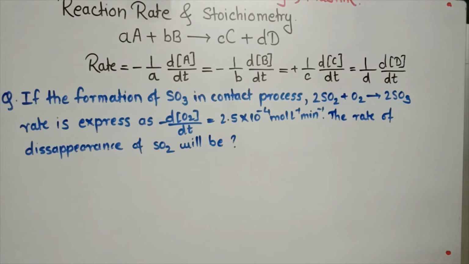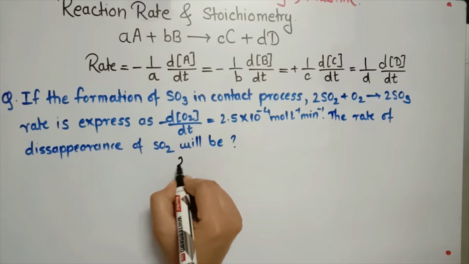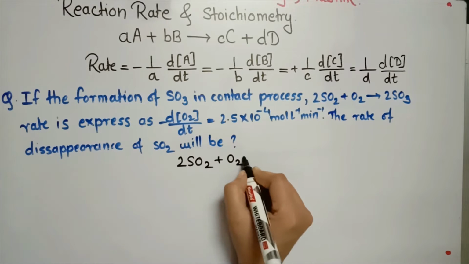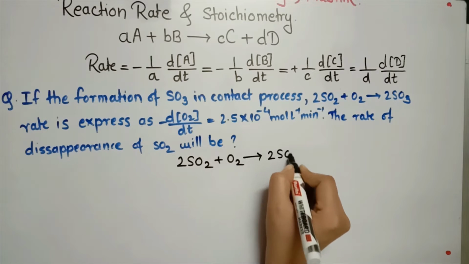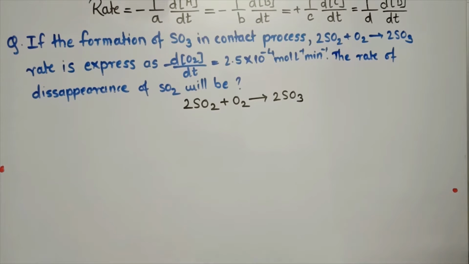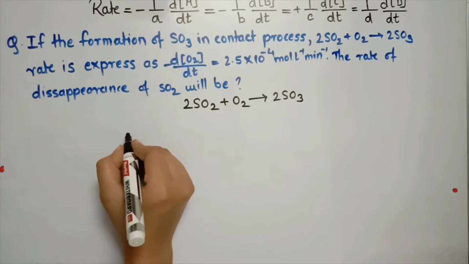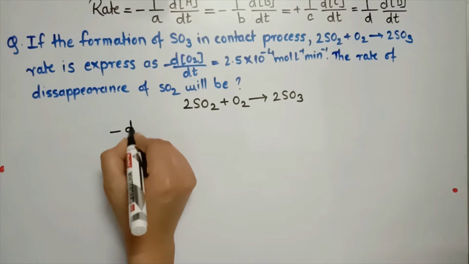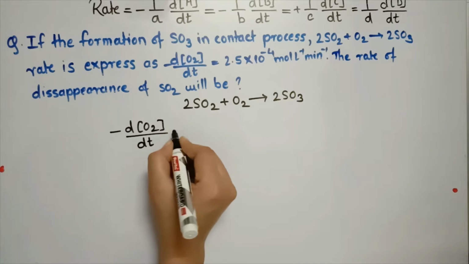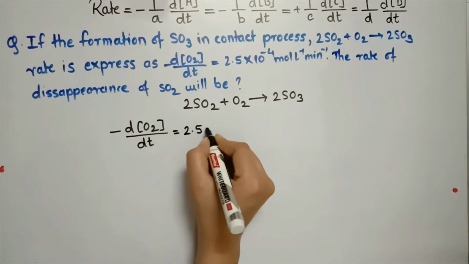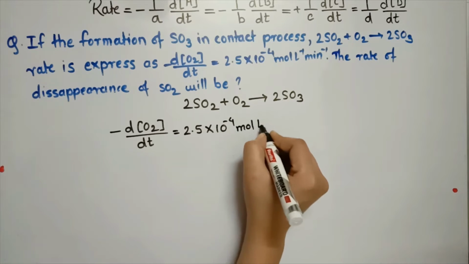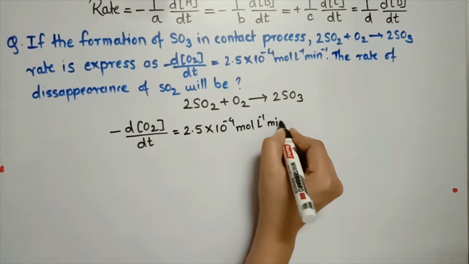So first we will write the reaction: 2SO2 plus O2 gives 2SO3. Okay. So now what is given to us? Minus dO2 upon dt is equal to 2.5 into 10 raised to minus 4 mole per liter per minute.